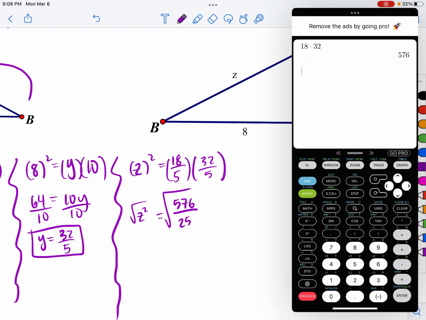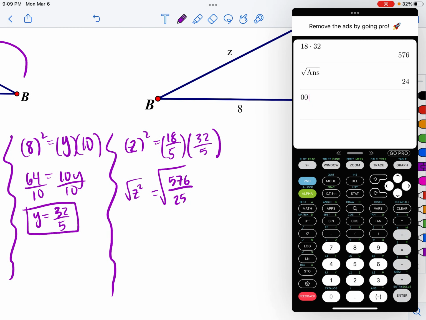Square root both sides. And the square root of 576 is 24. So we should get z is equal to 24 over 5, because the square root of 25 is 5. And this is what our altitude is equal to.